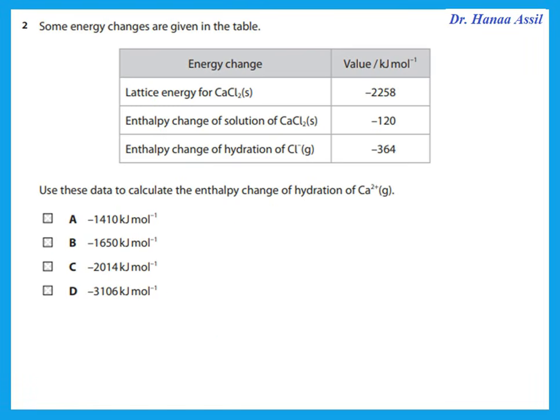Some energy changes are given in the table. Use these data to calculate the enthalpy change of hydration of calcium. So you should realize he has lattice energy and the enthalpy of solution and enthalpy of hydration. You should be able to draw this kind of cycle where we start with calcium chloride solid.